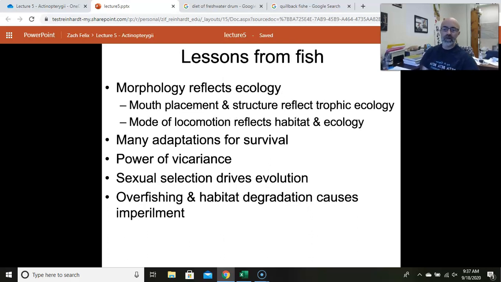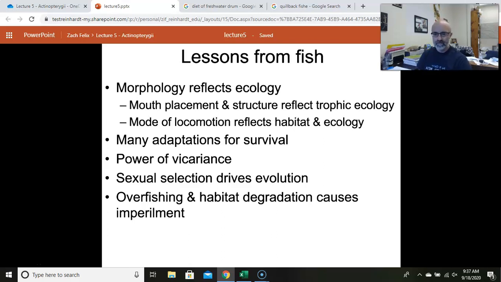Some overall lessons, right? We see this connection between form and function. The morphology of their form is related to their function, what they eat, their ecology and their niche, their trophic ecology. The mode of locomotion reflects their ecology and their habitat.